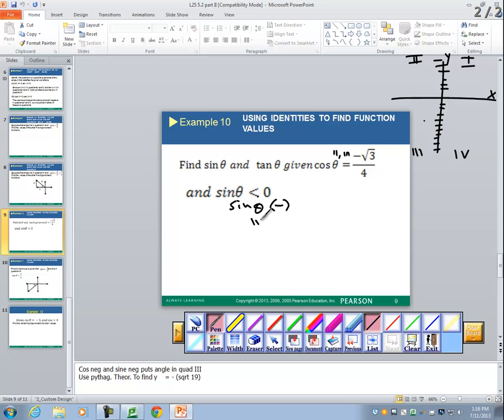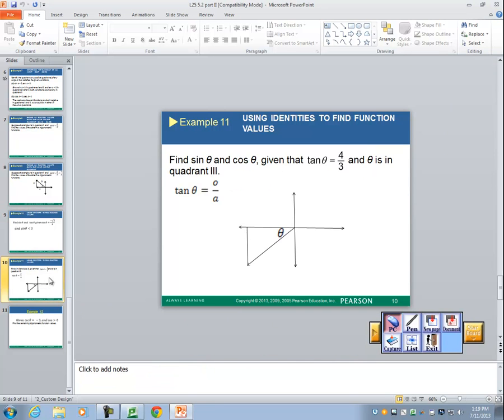In quadrant 3, and what else? 4, good. Well, we want the intersection of the 2. Since cosine is negative in 2 and 3, and sine is negative in 3 and 4, what quadrant are we operating out of? Quadrant 3, right, because that's where both sine and cosine are negative. So we're operating out of quadrant 3.